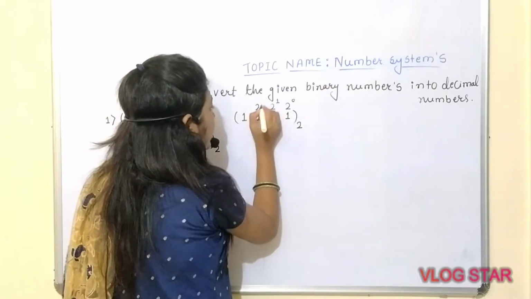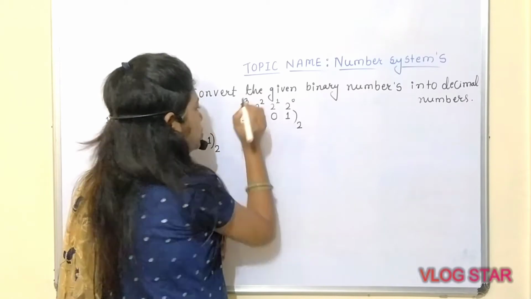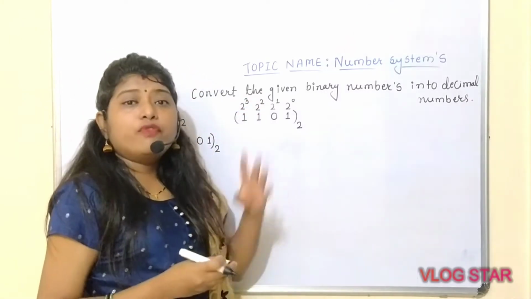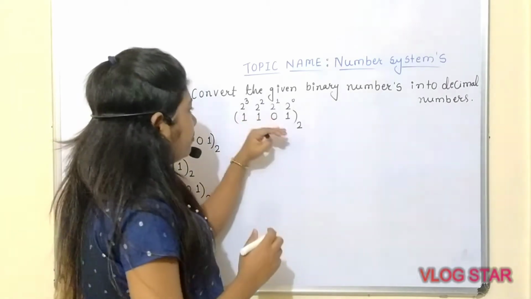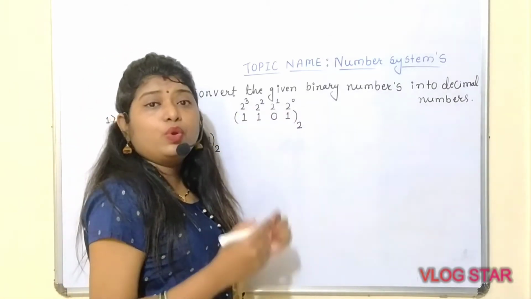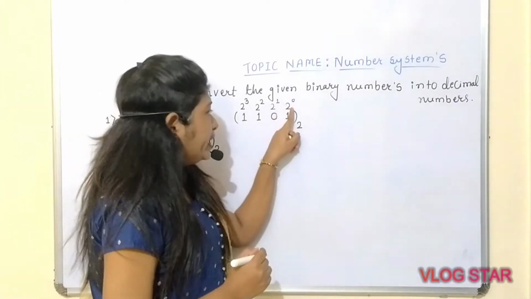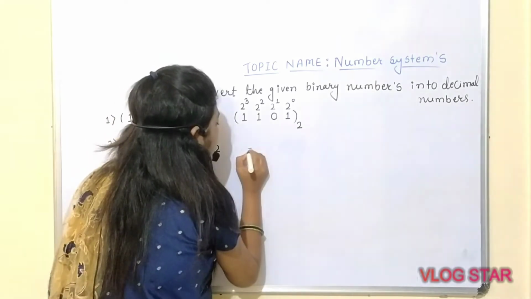Here you will be getting 2 raised to 2 and the next would be 2 raised to 3, as we have a 4 digit number with us. After assigning all the higher degrees, you have to multiply this particular number with the given digit.